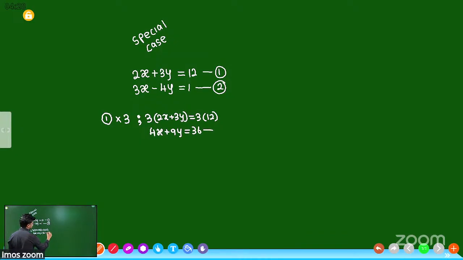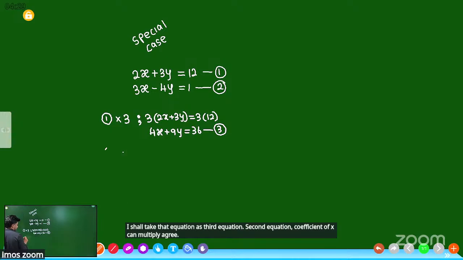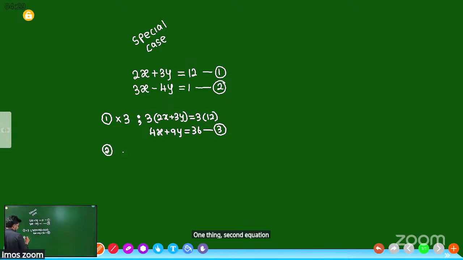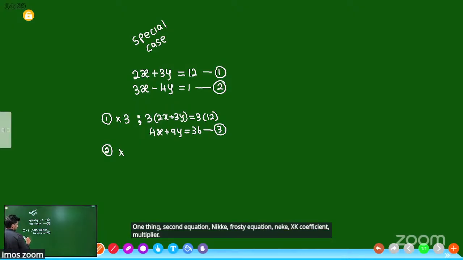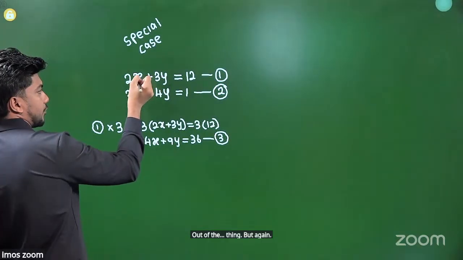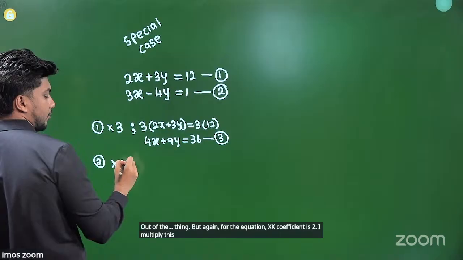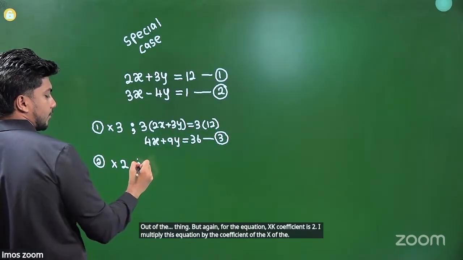I shall take that equation as the third equation. Then I multiply the second equation by the coefficient of x of the first equation, which is 2.